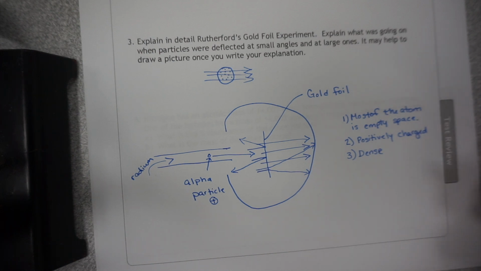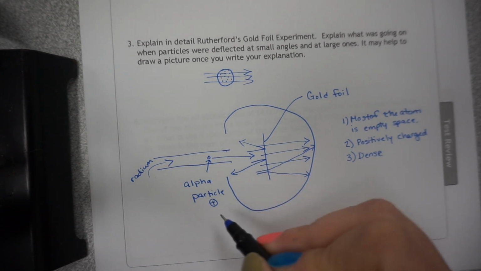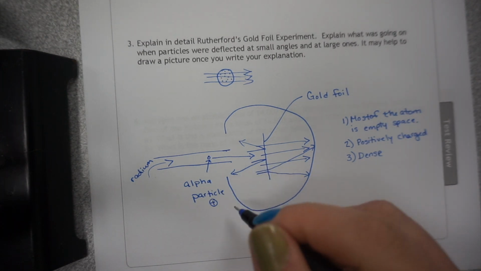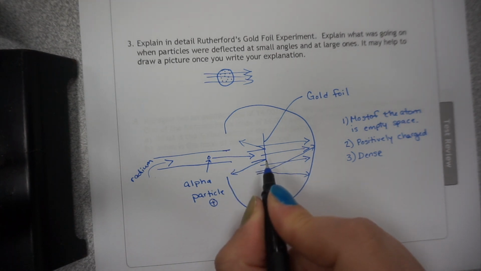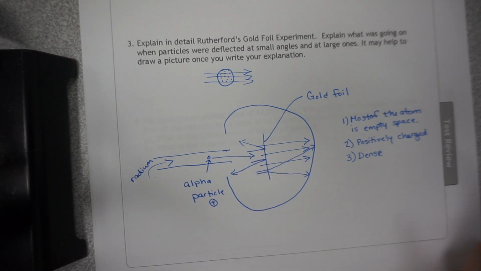He didn't know what it was yet. And because some alpha particles, which I think are 2 protons and 2 neutrons, were ricocheted back completely, the thing was dense. So he concluded that it was dense, a tiny positively charged nucleus.